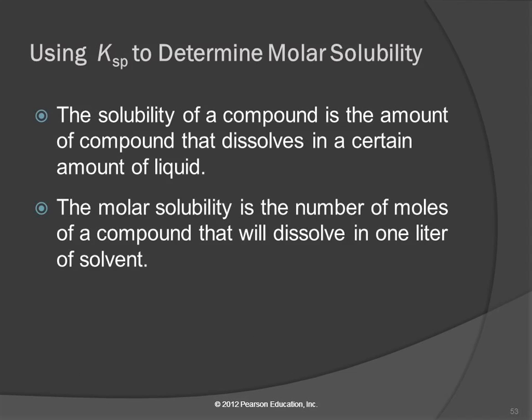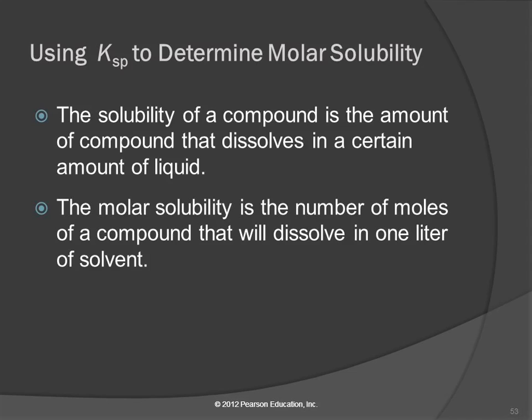So we can use the KSP value to find the solubility, the molar solubility of a compound. So when we talk about the solubility of a compound, it's the amount of compound that dissolves in a certain amount of liquid. So the molar solubility is the number of moles that will dissolve in 1 liter of solvent. So you put the solid in a liter of water.